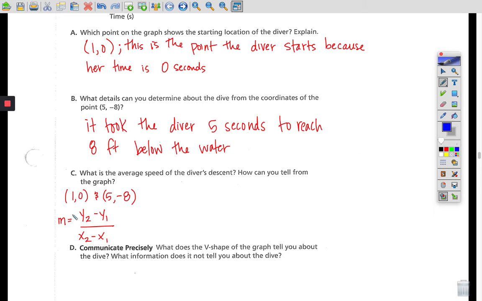So I always like to label my points. This will be x1, y1, x2, y2. That way I don't get confused and put the wrong number in the wrong spot.